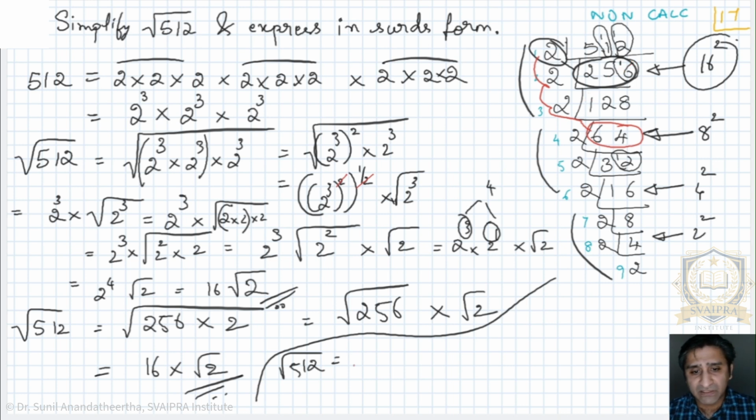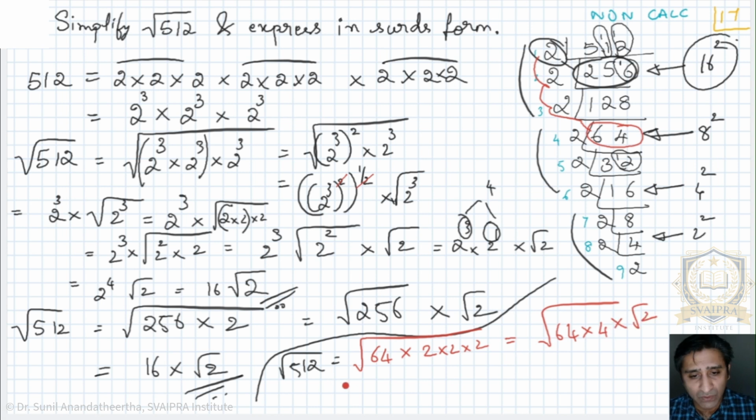So 512 is 64 multiplied by 2 times 2 times 2, and that's going to give us the square root of 64 multiplied by 4 times the square root of 2, which is the square root of 64 multiplied by the square root of 4 multiplied by the square root of 2. That's 8 times 2 times root 2, so we are going to end up with 16 root 2.